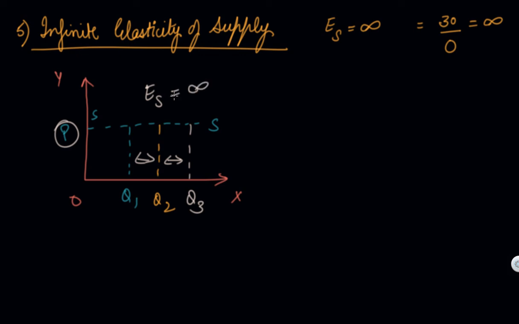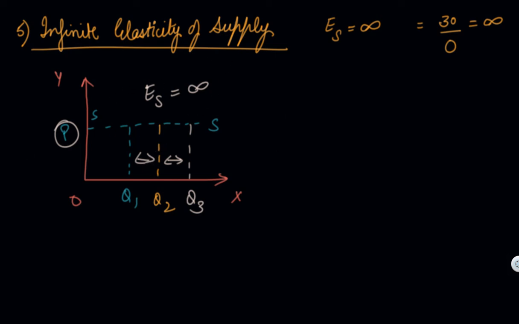When elasticity of supply is infinity, even a minute change in the price will cause an infinite change in the quantity. Thus, if price falls below OS, supply of the commodity reduces to 0. So these are the five ways from which you can calculate your elasticity of supply.